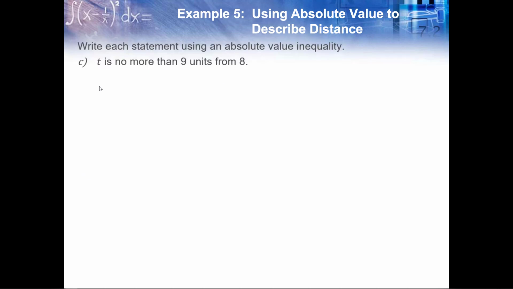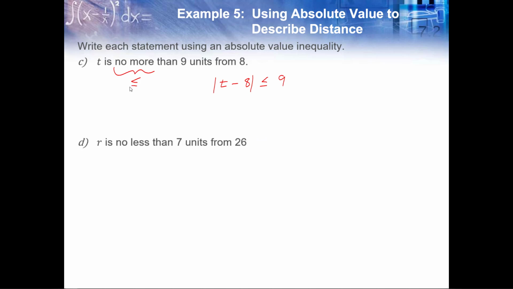Okay, now for this one we have T is no more than 9 units from 8. Now, no more than is a non-strict less than, whereas within is strictly less than. So what we're saying is that we want the distance from T to 8 to be less than or equal to 9. So that would be the absolute value of T minus 8, the distance from T to 8, and we want that to be less than or equal to 9. And that's how you would write that. And I have one more, and this is no less than.